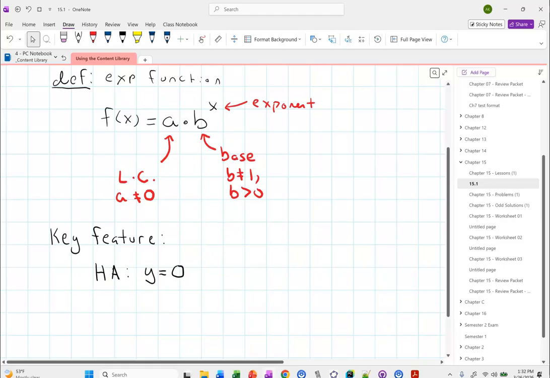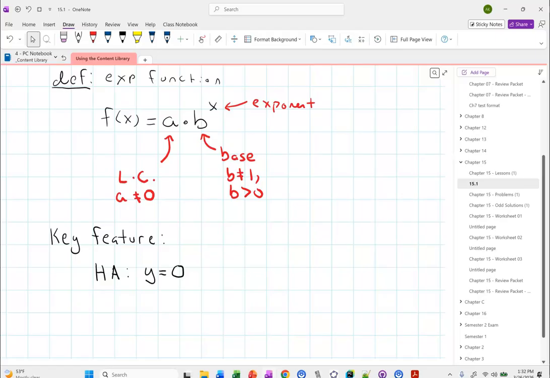So our exponential functions have a specific key feature. All exponential functions of the form y equals a times b to the x have one horizontal asymptote at y equals 0.